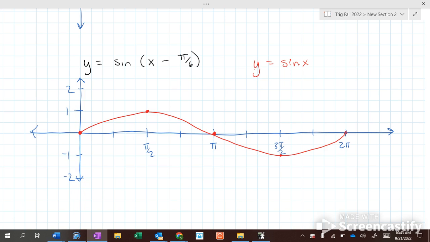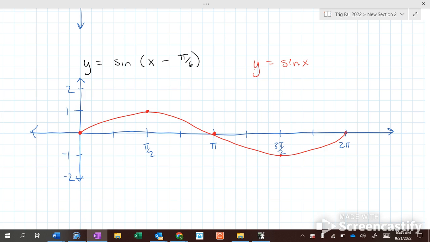Now, what position is that minus pi over 6 in? Is that A, B, C, or D? C. So that's going to be a left-right phase shift. It's going to just slide the graph left or right. So it's minus C on the original formula.